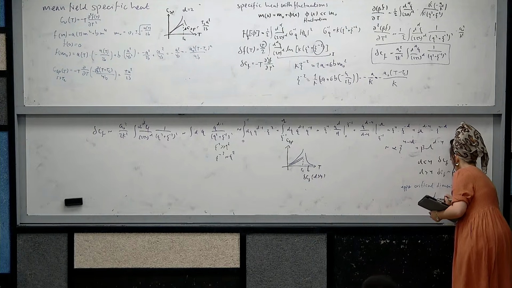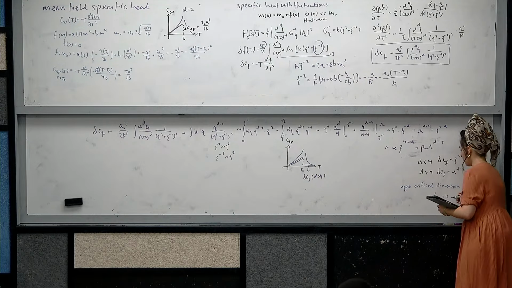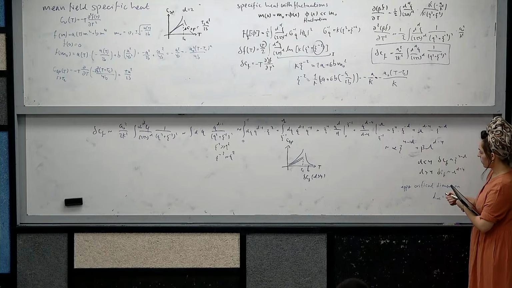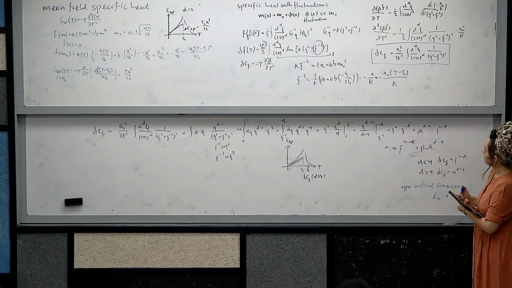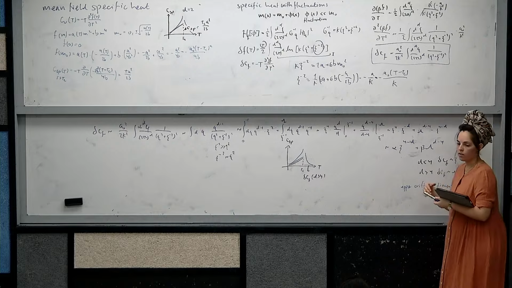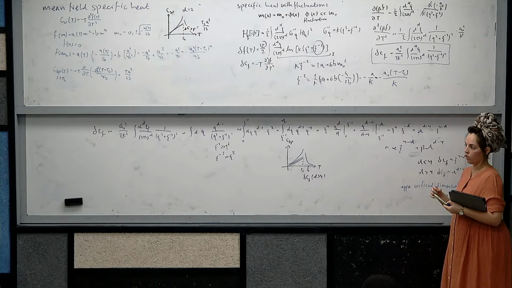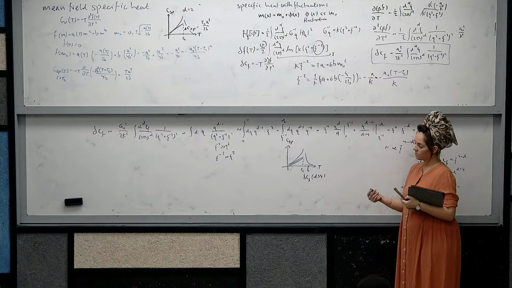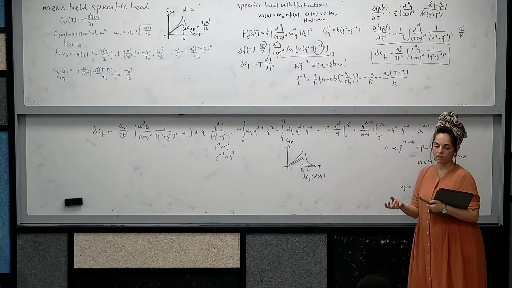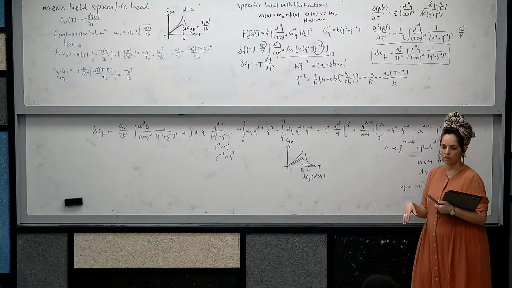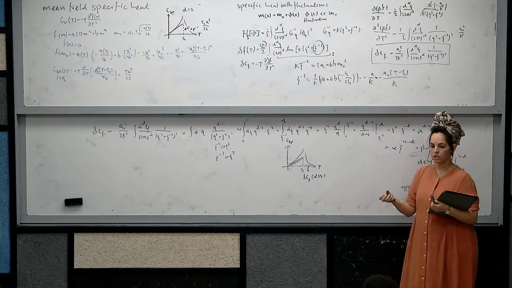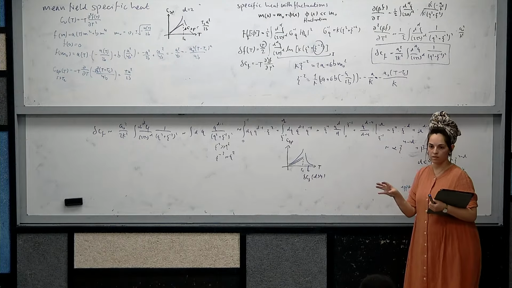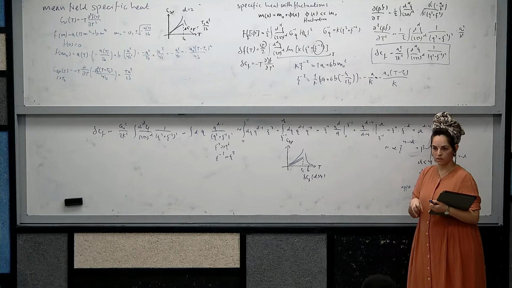We have the upper critical dimension equal to 4 in this case. The idea is that in higher dimensions, the microscopic particles have more neighbors that suppress the fluctuations.